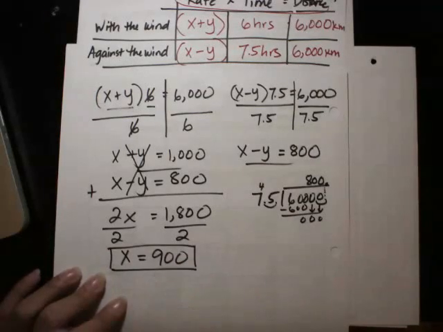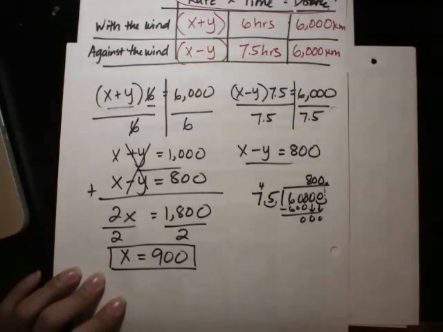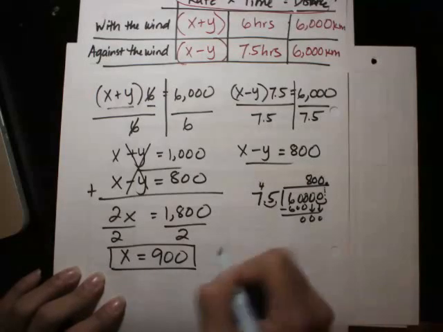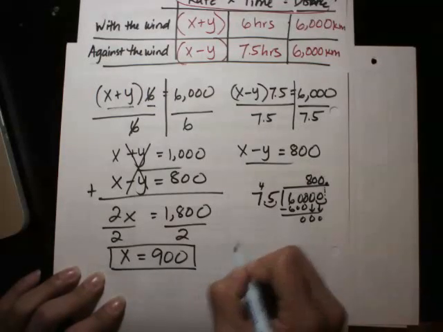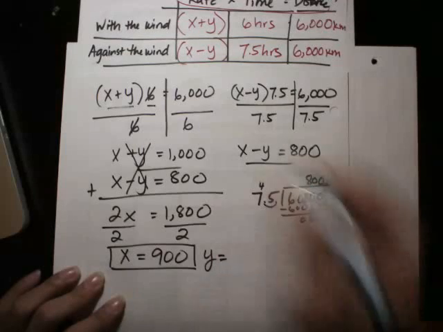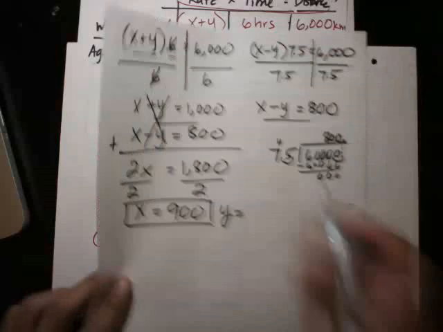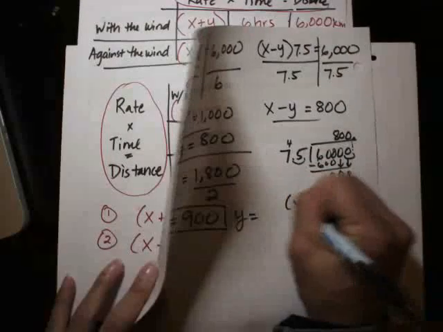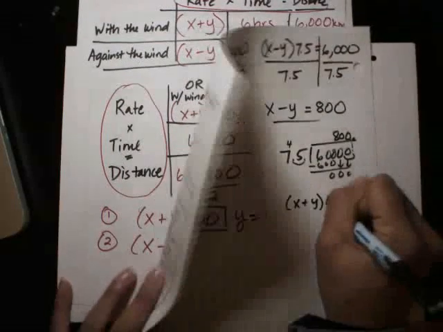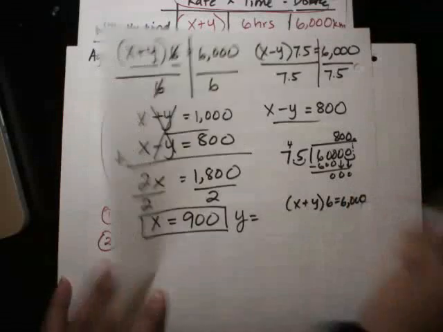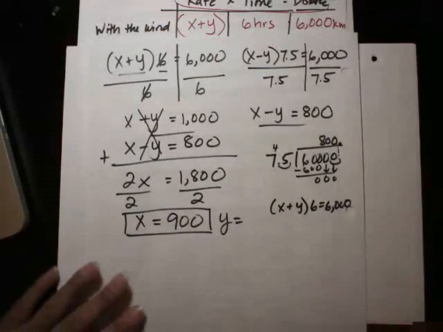Okay, x is 900. I'm going to go in and substitute into one of my equations, and I'll have y equal to, let's go back to our original equation just to make sure. Let's see, this is x plus y times 6 equals 6,000. Okay, I always want to make sure I go back to my original equation just in case.